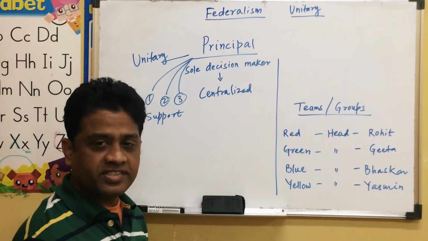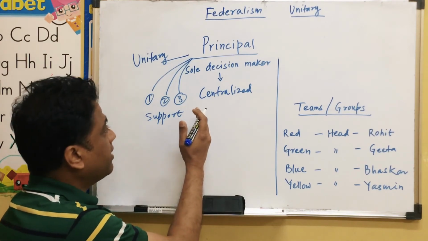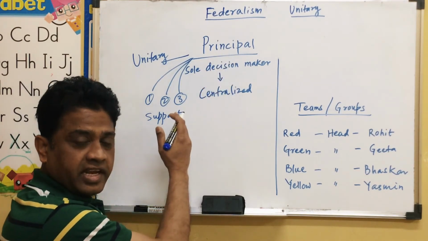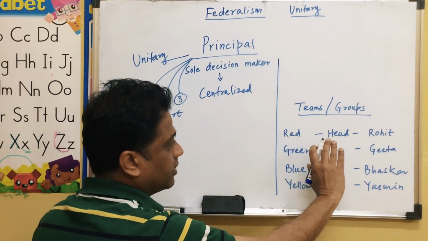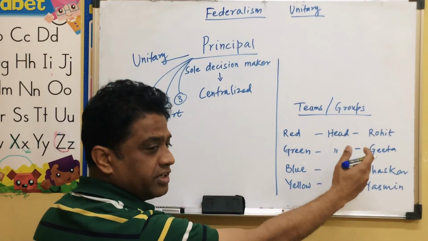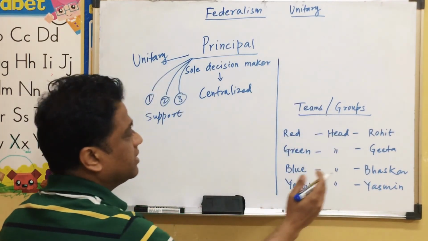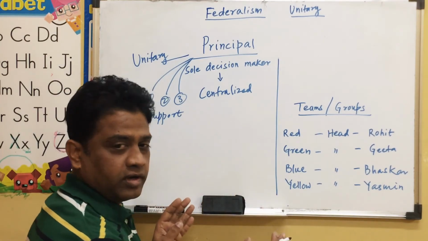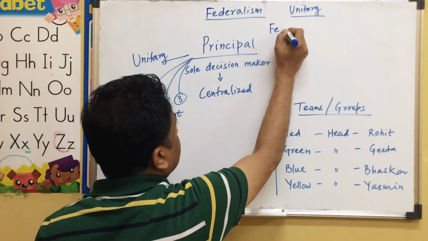So here what we see is that there is one part of the school where the principal is taking decisions, and there is another part of the school activities where individual teachers are taking decisions. So when there are 2 or more decision making authorities, it is called a federal structure.